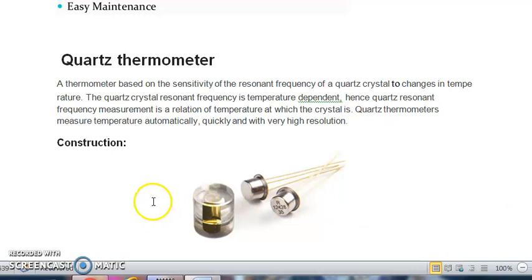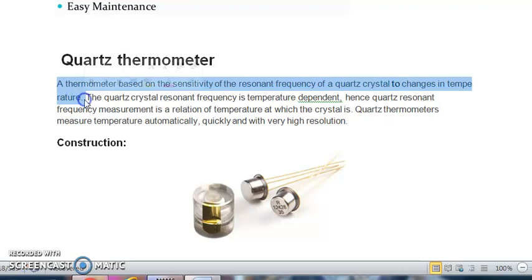Quartz is a crystal material available in nature, and it is based on the resonant frequency phenomenon. Now, what is quartz? Quartz is a crystal present in nature, and its natural tendency is that the resonant frequency of a quartz crystal is sensitive to changes in temperature. Okay.